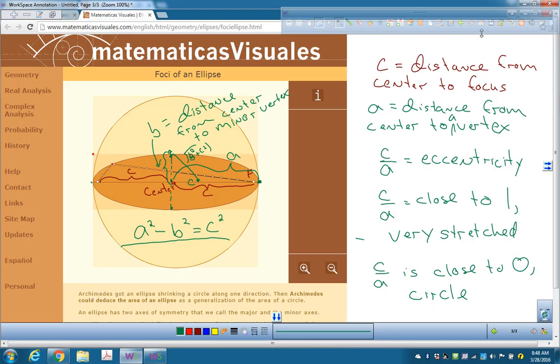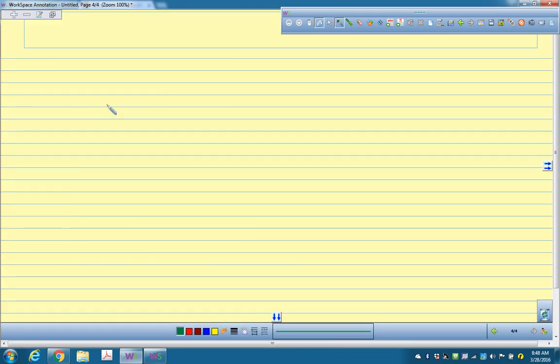General form of an ellipse. And again, if you're interested in the derivation, you can look at it.